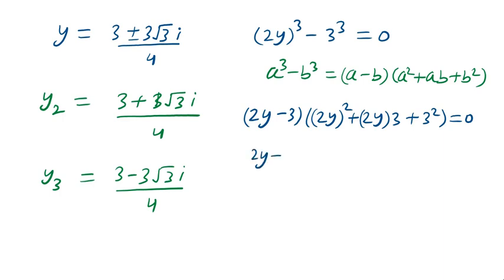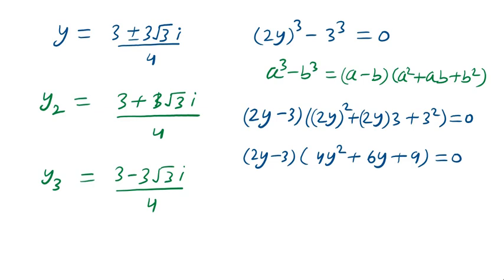2 times y minus 3 multiplied by (2 times y) whole square, which is 4 times y square, plus 2 times y multiplied by 3, which gives 6 times y, plus 3 square, which is 9, is equal to 0.